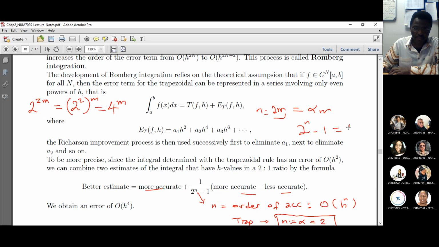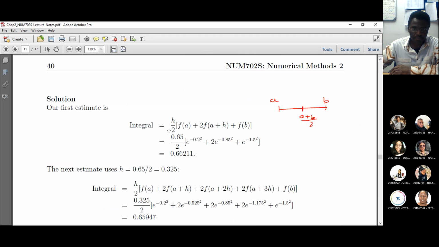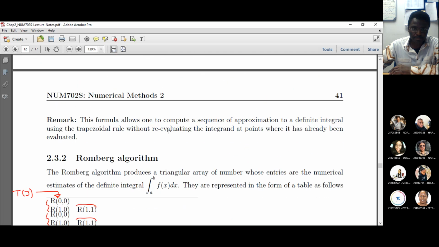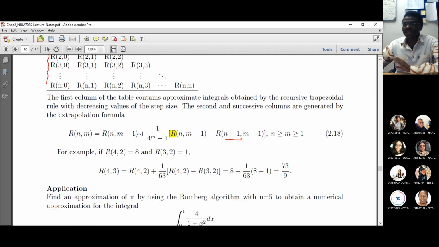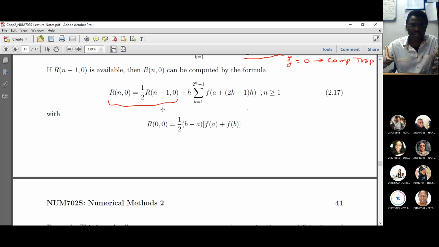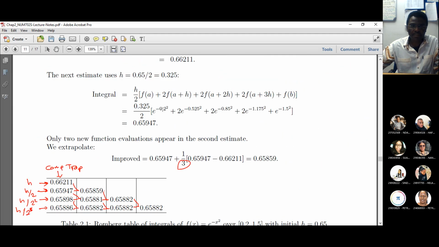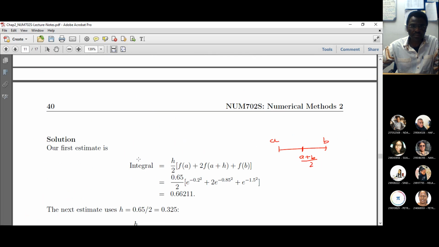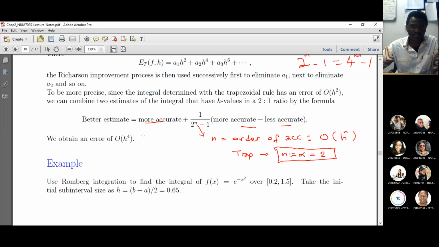So this is 4 to the m minus 1. So that is why we have this. It's exactly the same. It's still our Romberg formula. So don't think that it is something new. It's exactly this, the same thing.